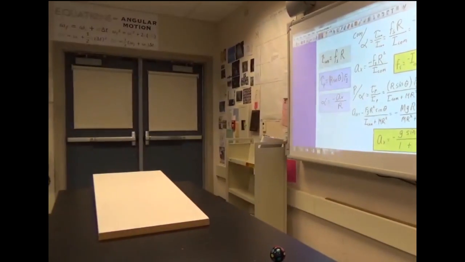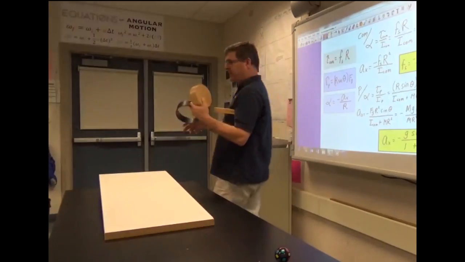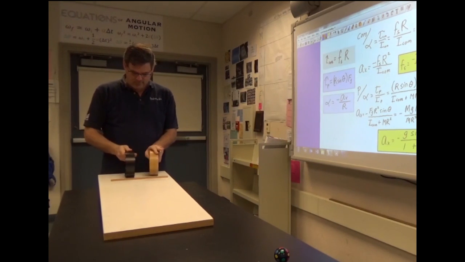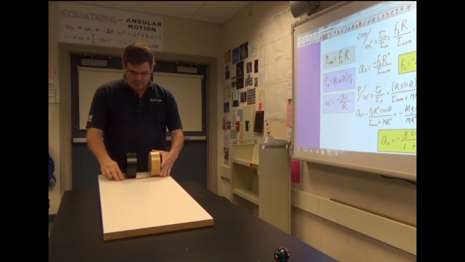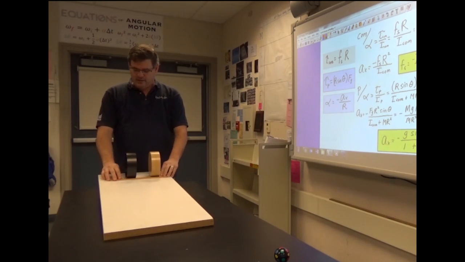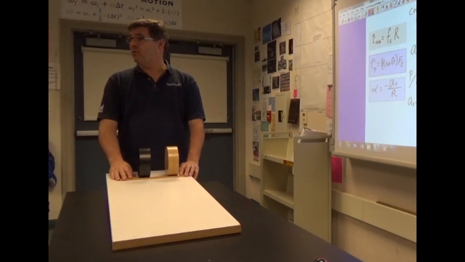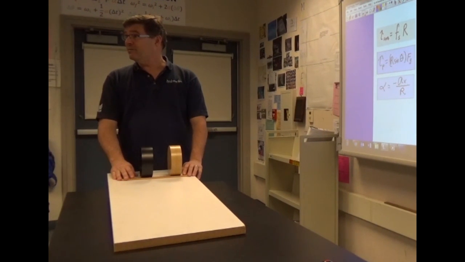So what we can do is we can set up this little race between these two disks. Here's my starting gate. Okay, so we decided that we think the black hoop has a greater inertia than the brown disk. So if it has a greater inertia, when I let these go and they start to roll, a greater inertia means it will start to roll faster or start to roll slower? Slower, sure. So which one do we expect to get to the bottom first?